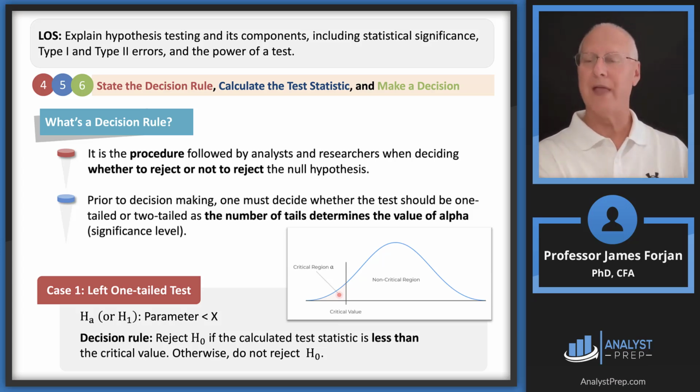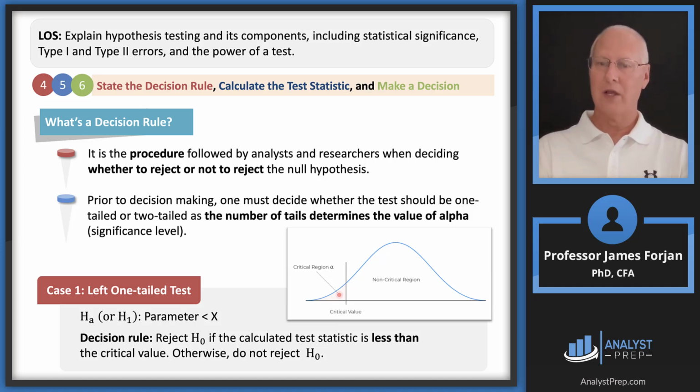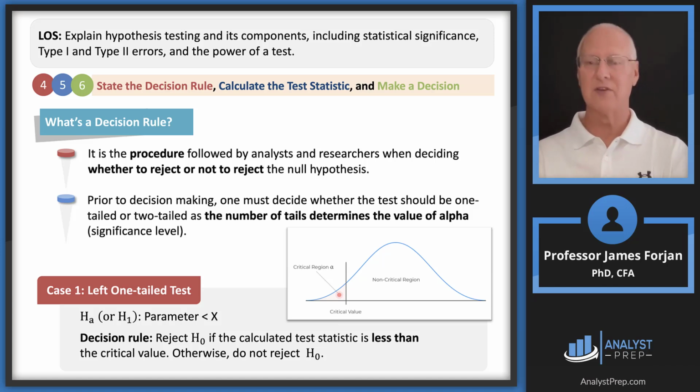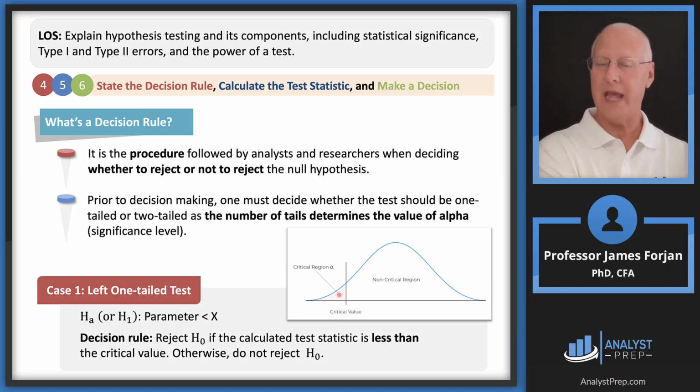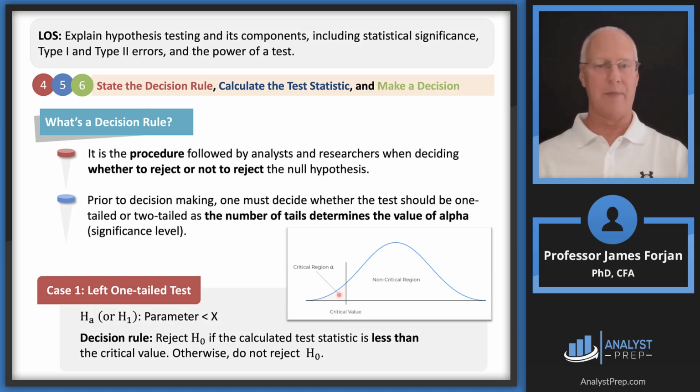So notice what we have on that left-hand side. We have the critical region. All right, so compare that to the non-critical region. So if our test statistic falls to the left of the critical value that we're going to get from the table, and I'll show you how to do that here in just a minute, then we go ahead and reject the null hypothesis.